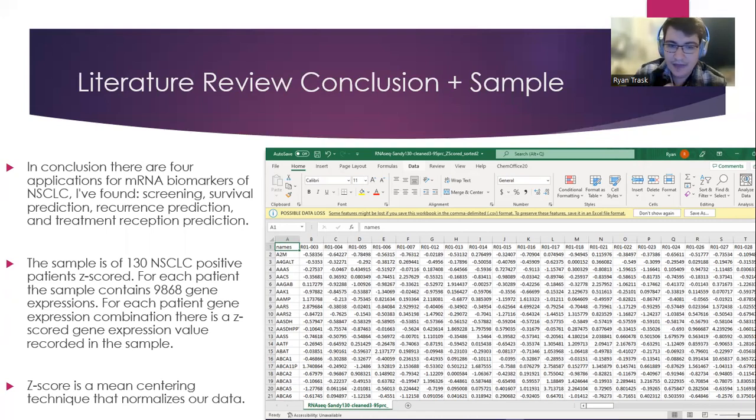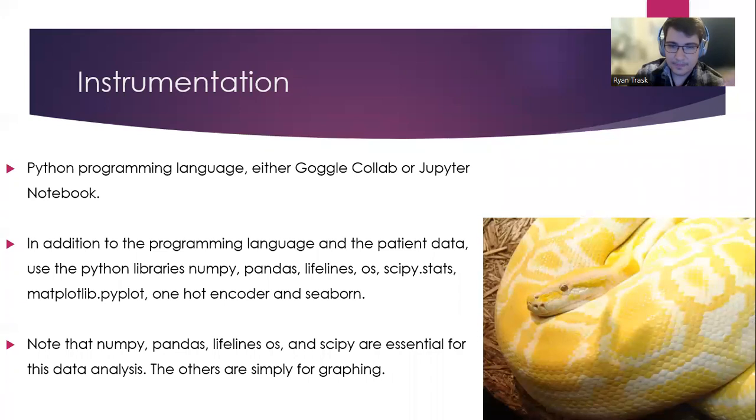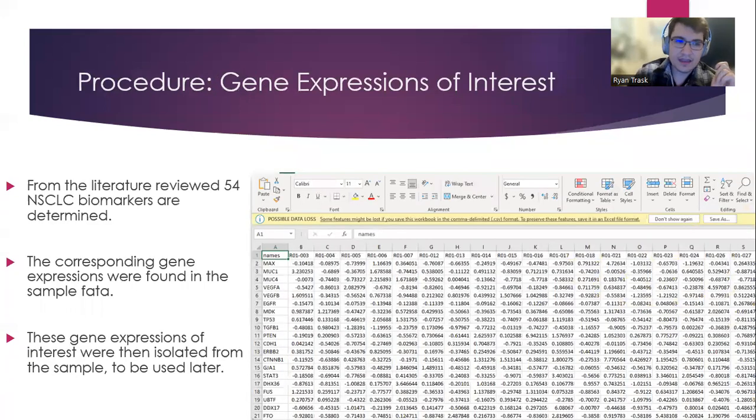Now, I have a bunch of gene expressions. I have the same problem as before, the one that the microarray solved. I have a bunch of gene expressions, and I'm not sure which ones are the actual biomarkers, right? What did I do to solve this? I selected 54 non-small biomarkers from the literature.